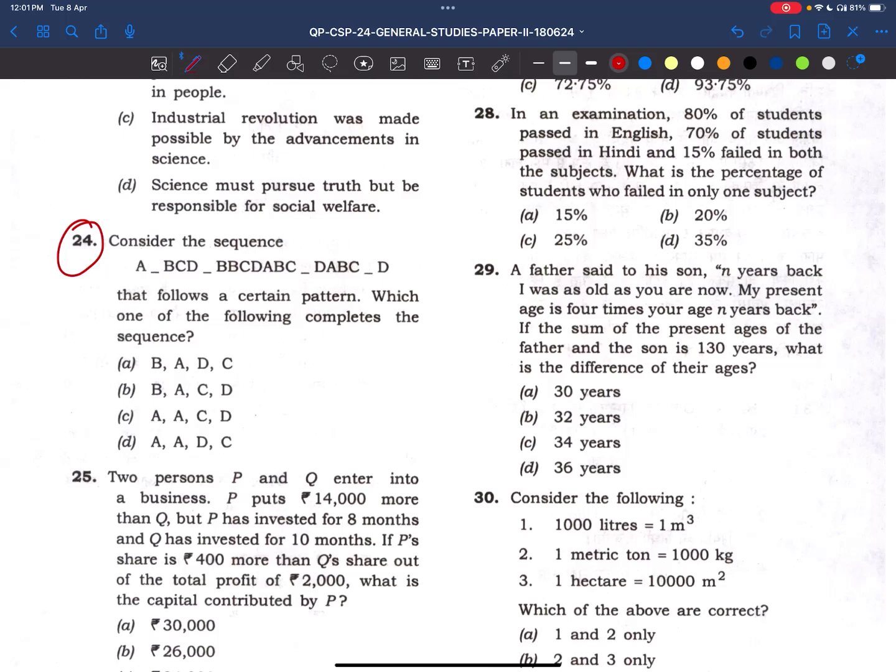He has given a sequence and we have to find the pattern. For such questions, it is better to work from the bottom. Now let's substitute the values.